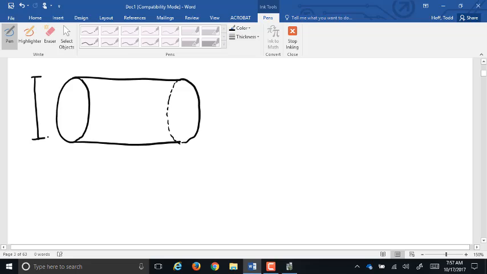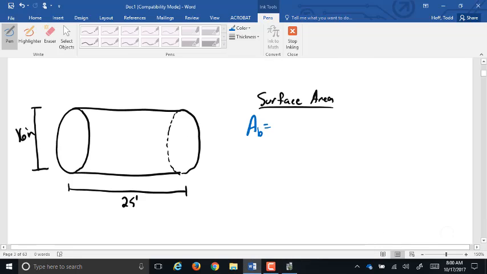There's a lightning bolt coming my way. Try to find the surface area of that in your notes. We'll give you a couple minutes.